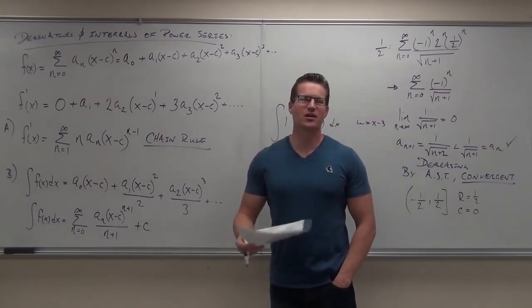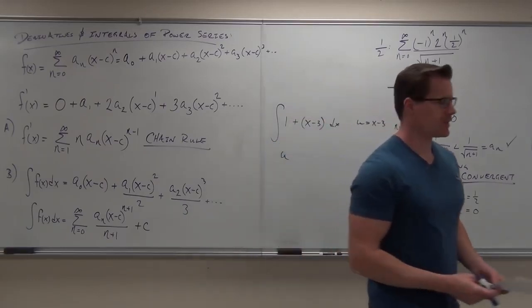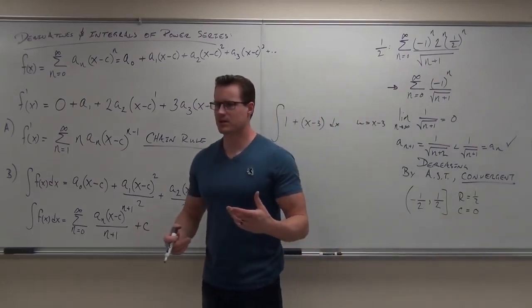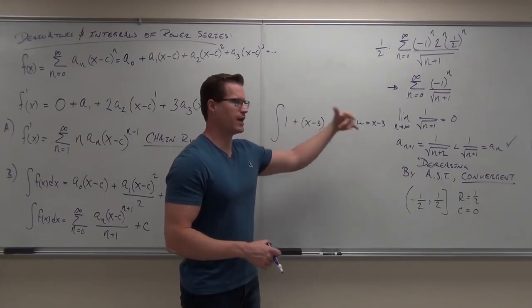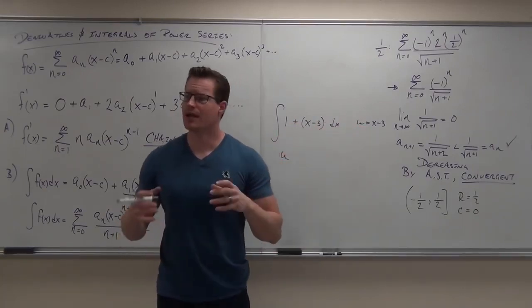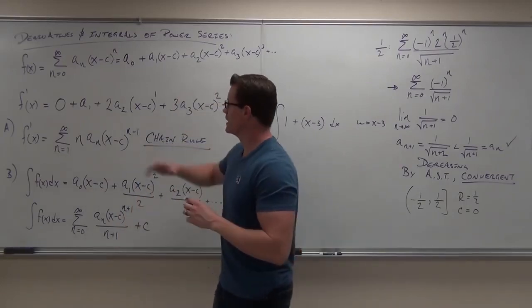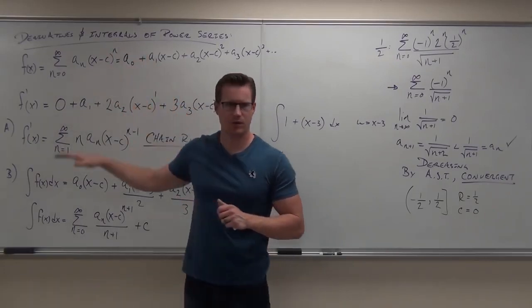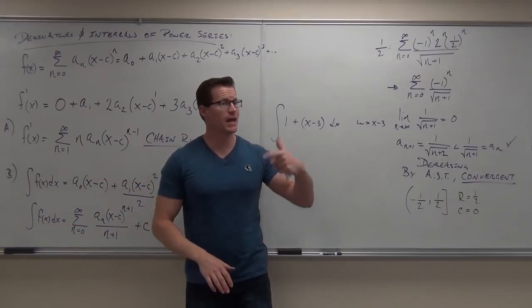Now, there is one other thing that can happen. All of these series start out with an interval of convergence, right? Some domain. So it's like, from what we had before, -1/2 to 1/2, where sometimes the endpoints are included and sometimes they're not. Now, what can happen is, if you do a derivative or an integral of your power series, you can lose endpoints, or you can gain endpoints.